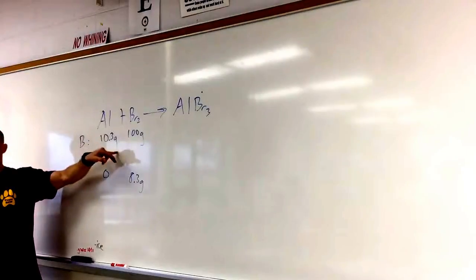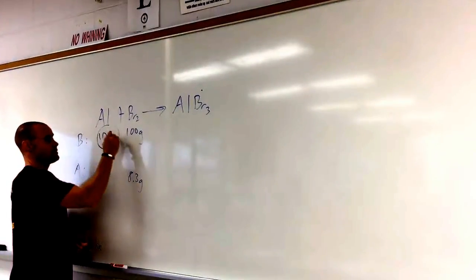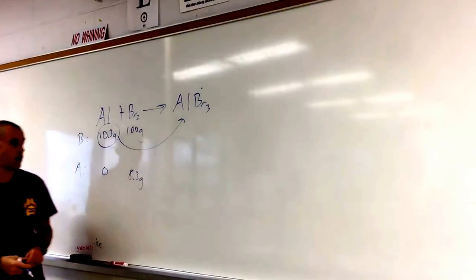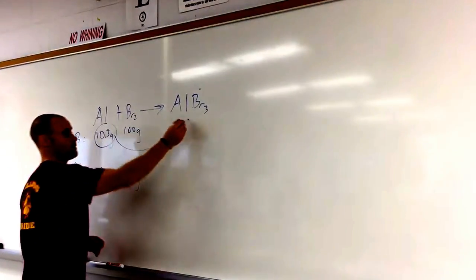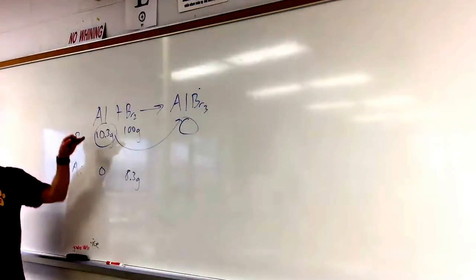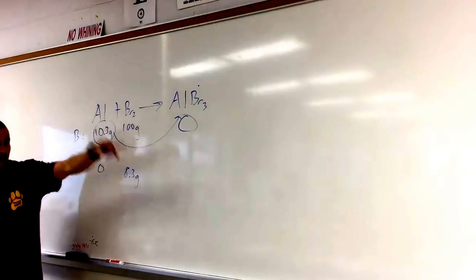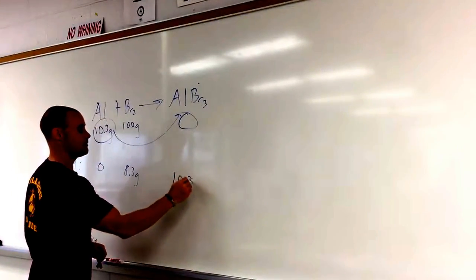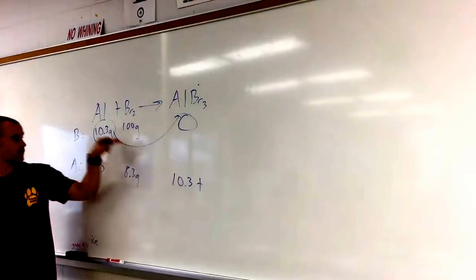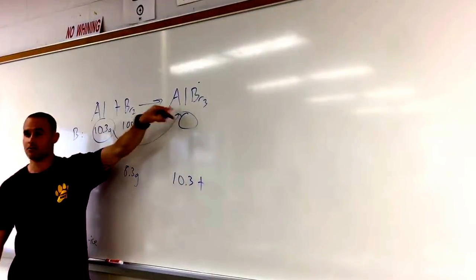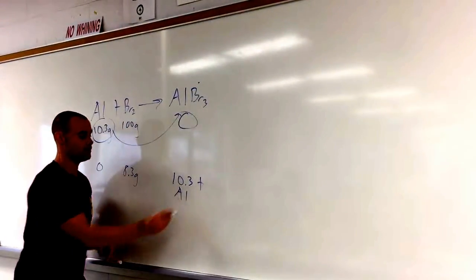All of the aluminum is right here. All of it. So beforehand we have 0 of the compound. After these react, we know we have at least 10.3 because that's from the aluminum. All of the aluminum is right here. So that's from the Al.